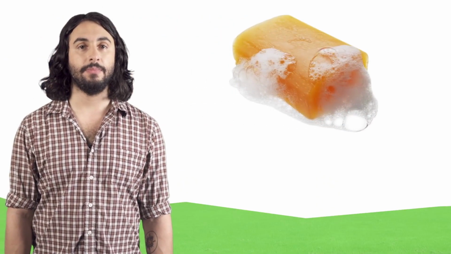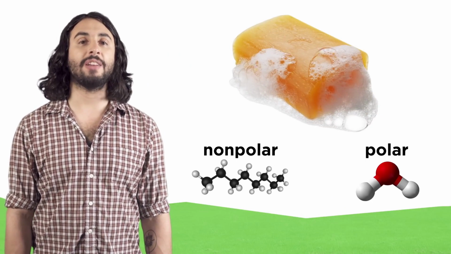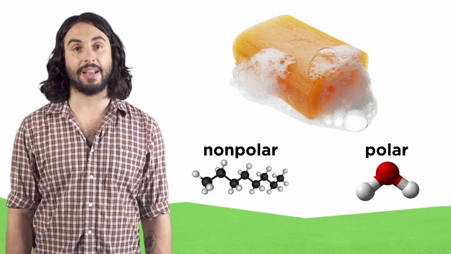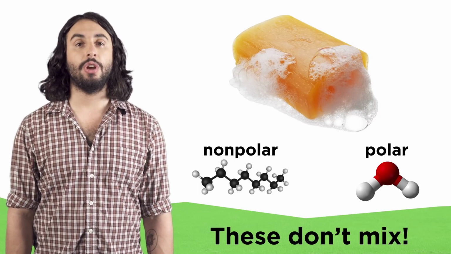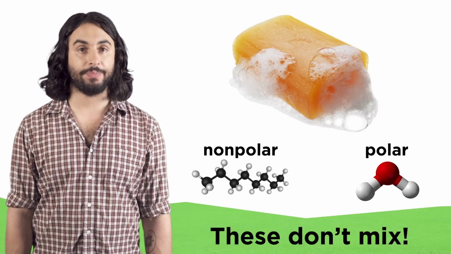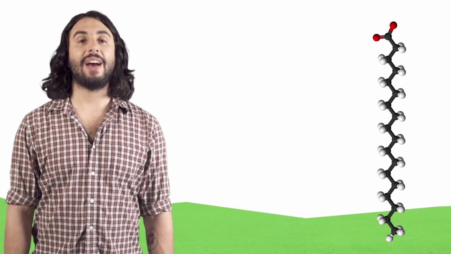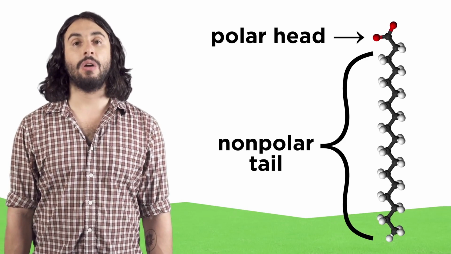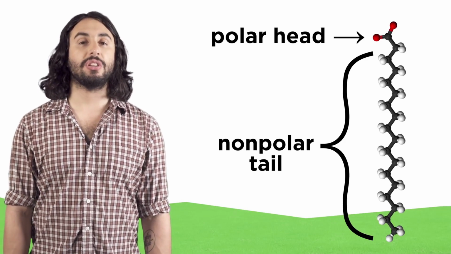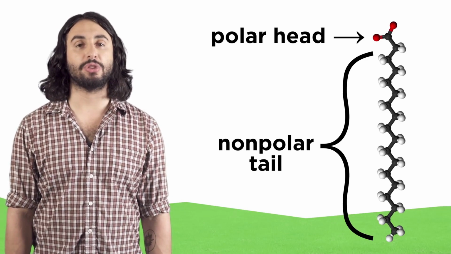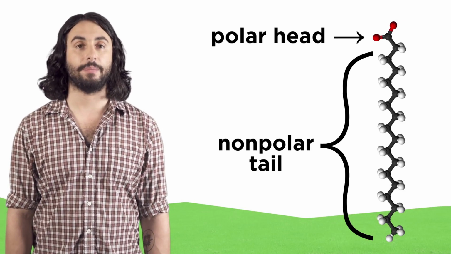An example of this is soap. You need soap to wash non-polar dirt and grime off your hands because they are immiscible with polar water molecules. But soap molecules have polar heads and long non-polar tails, which allows them to spontaneously form structures called micelles.